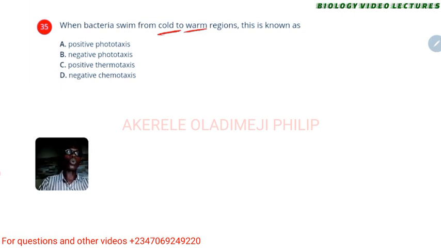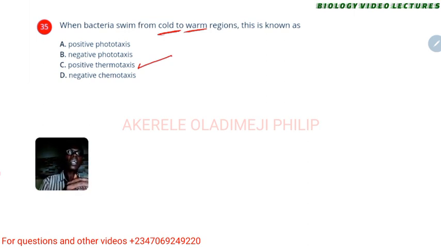When something is moving towards a thing, it's called positive. When it's moving away from it, it's called negative. The answer is C, positive thermotaxis. Why is it positive? It's moving towards the warm region.